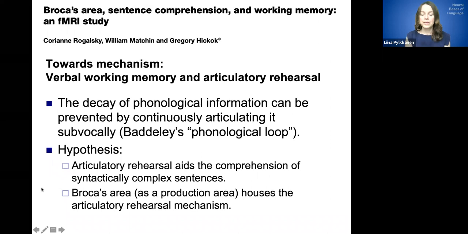And so the idea was that Broca's area, because it is a production area, houses this articulatory rehearsal mechanism. We would then get increases in Broca's area exactly in those cases where we're engaging the articulatory rehearsal, so the difficult sentences.